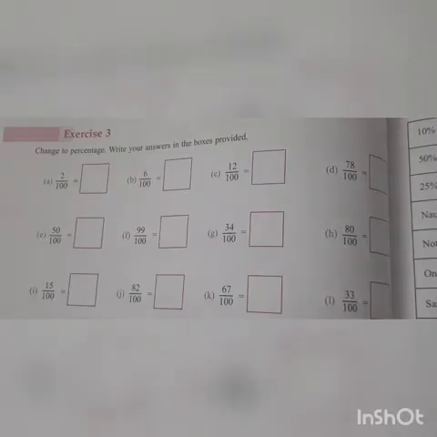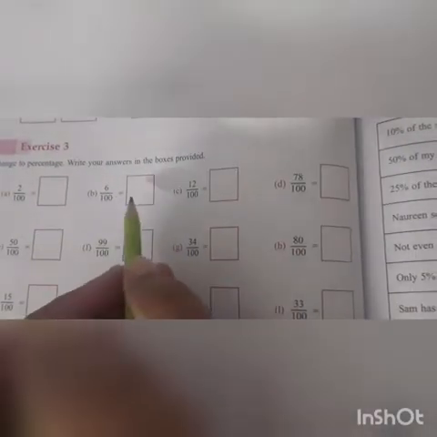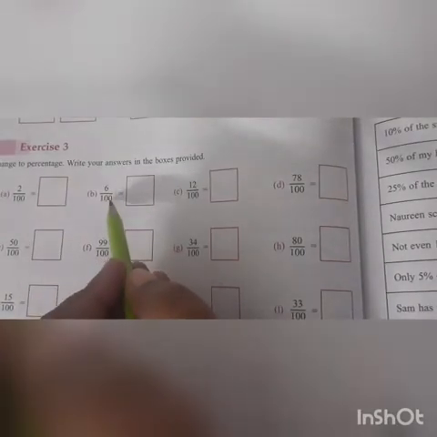Exercise number 3, page number 76 of your book. In this exercise, you have to change the given fraction into percentage and write your answer in the box given. Part B of exercise 3 is 6 upon 100. It means 6 out of 100.